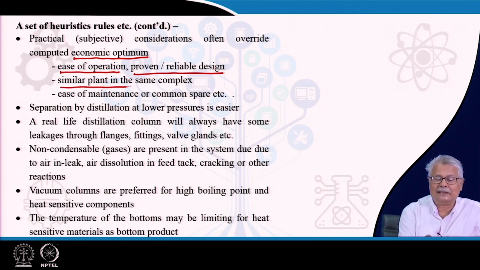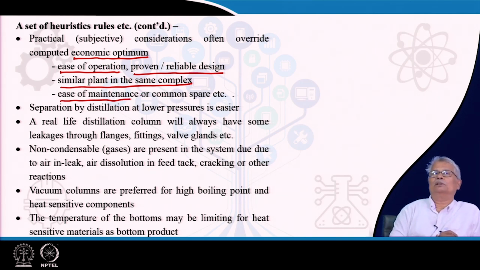Similar plants existing in the same complex, so you do not have to train your manpower again on a new plant. The ease of maintenance, which you normally find whenever you are choosing a particular technology, you contact its users, find out how easy it is to maintain and run the plant, how well it performs in practice, and definitely if you have similar plants in the same complex, you will have the advantage of common spares.